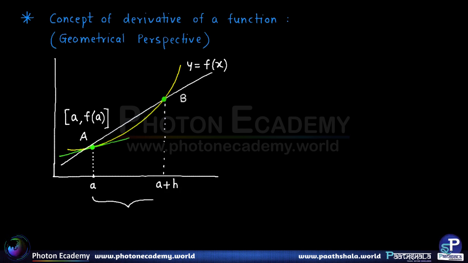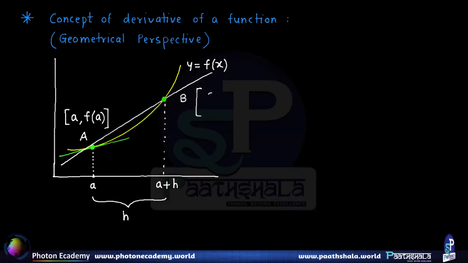So in other words, the difference between their x coordinates is h. Now if we see the coordinates of point B, its x coordinate is a plus h. So therefore obviously its y coordinate will be f of a plus h.